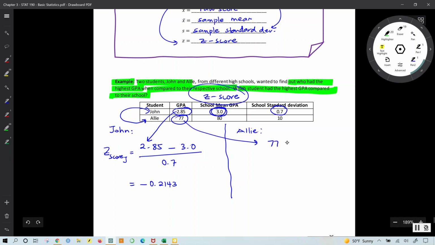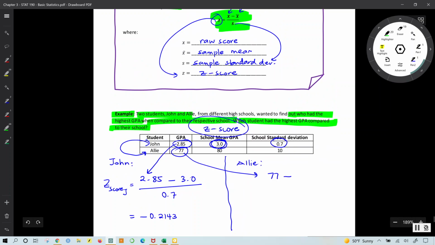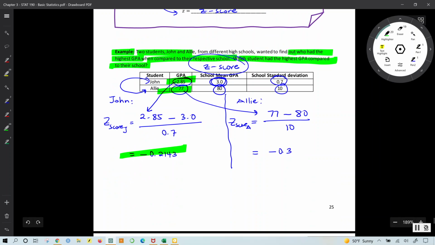That was her raw score, minus the average in her school, which is 80, divided by the standard deviation in her school, and that will be equal to negative 0.3. Even though we could not compare 2.85 on a different scale to 77, we can definitely compare their z-scores.